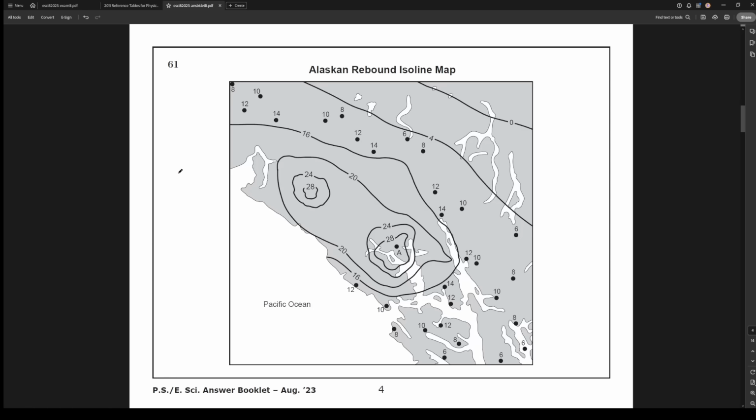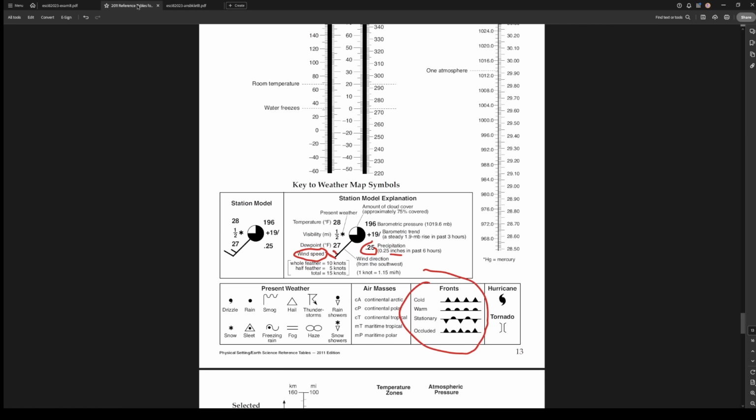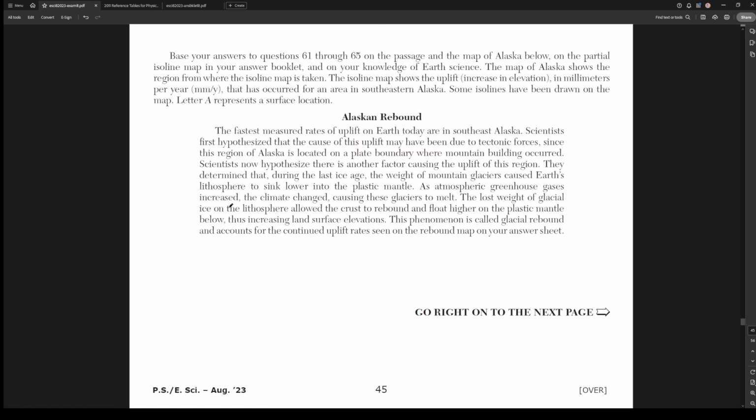Okay. 61. Oh, I hope we get to draw an isoline. I like isolines. Oh man, a reading. Woohoo! Okay, let's see. Alaskan rebound. The fastest measured rate of uplift on Earth today are in Southeast Alaska. Scientists first hypothesized the causes of tectonic forces. Okay, great. Since the region is located on the plate boundary where mountain building occurred. Scientists now hypothesize another factor.